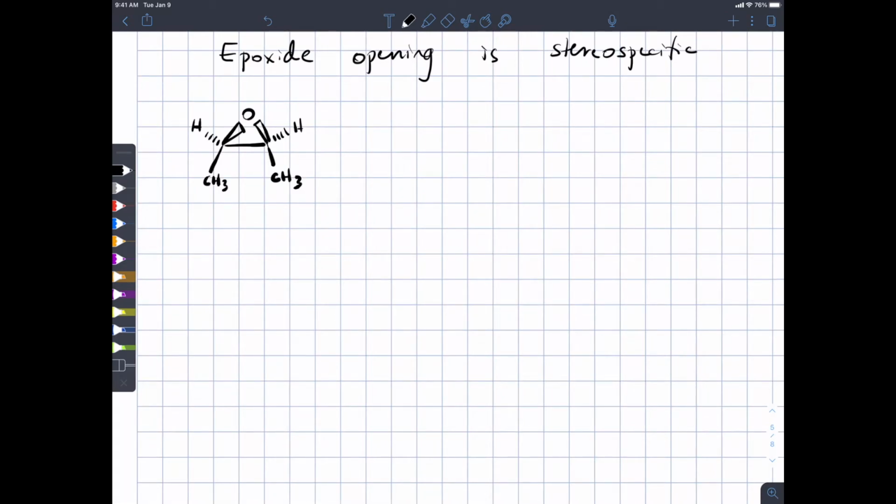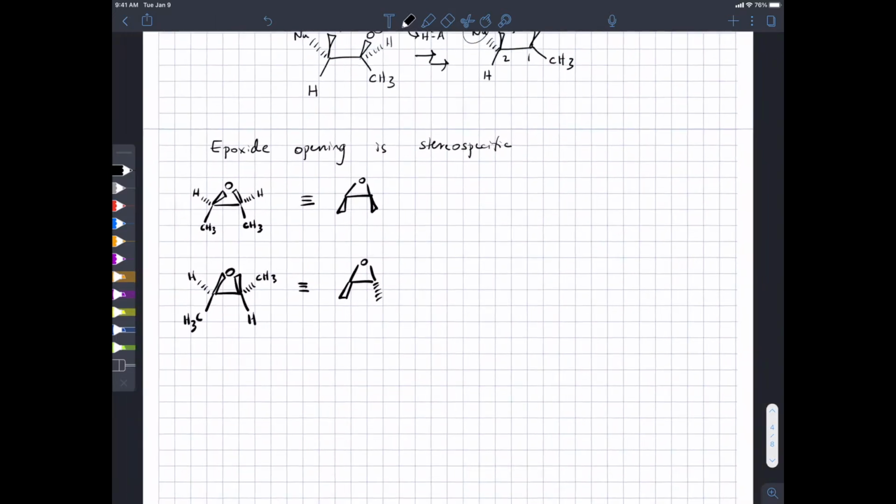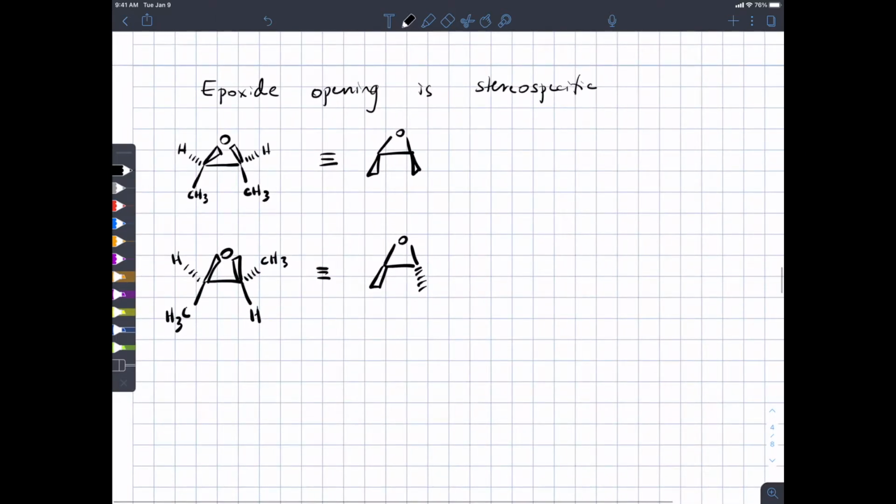And then let's draw a diastereomer of this epoxide where we put one of those methyl groups going back into the page. I'm just going to point out that the way I've drawn it here is exactly the same as drawing the molecule like this, or as drawing the molecule like that. You need to be comfortable with both pictures.